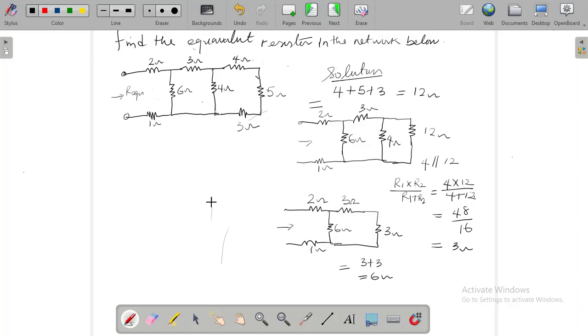So what we have next now is 2 ohms here, 6 ohms here, another 6 ohms. This is the sum of these two.